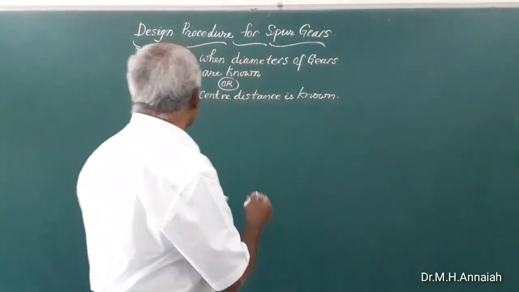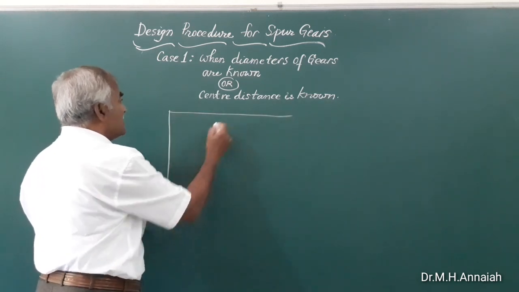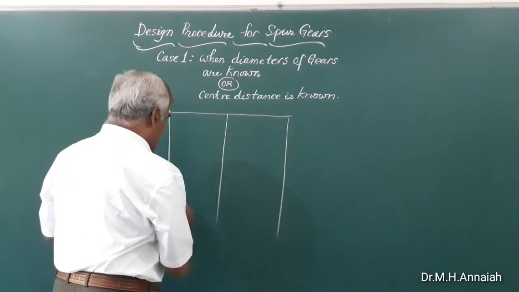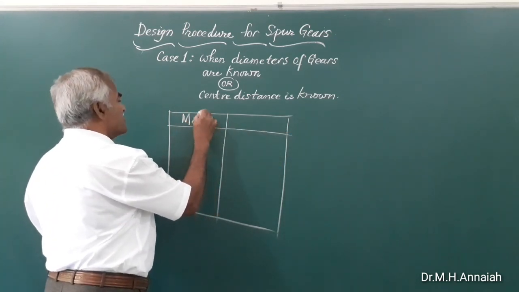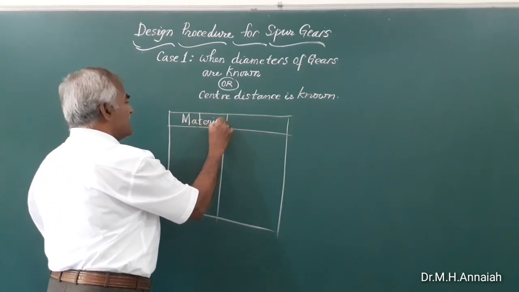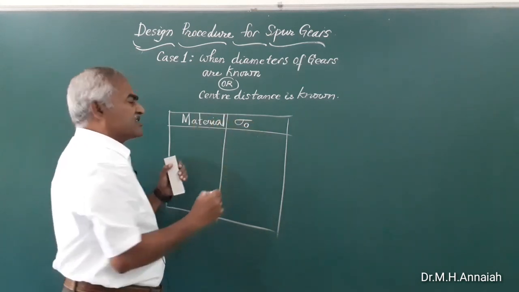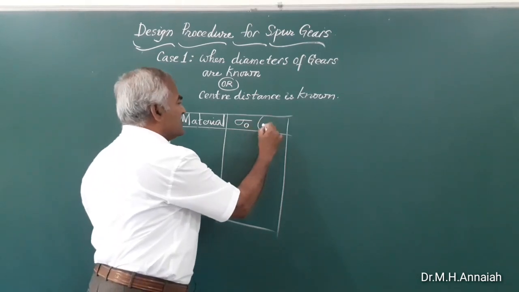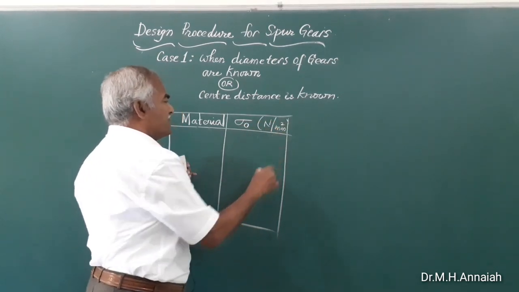When I say the materials are given, you will have a tabular column like this, wherein in the first column they will give you the material that is being used for the spur gears and also the allowable static stress denoted by sigma naught, that will be in so many Newton per mm square or MPa.